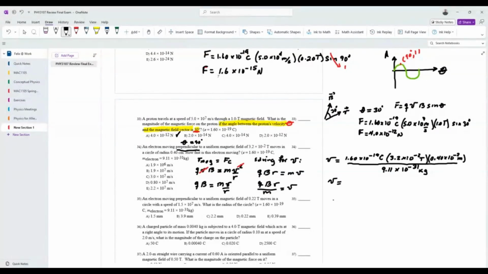And now you can calculate this speed, and when you calculate the speed, you will get that the speed is equal to 0.22 times 10 to the 8, which is at the end 2.2 times 10 to the 7 meters per second. That would be the speed of the electron.